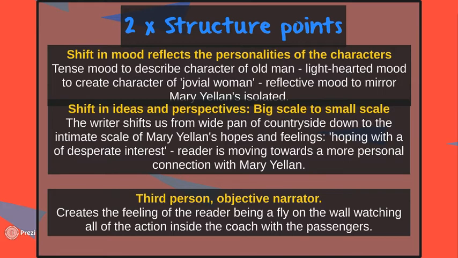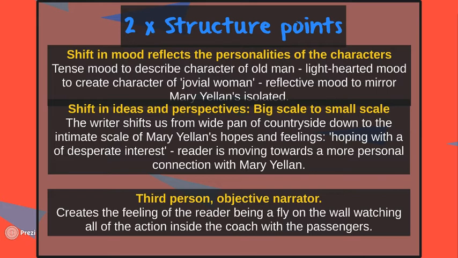Again, in terms of shifting, we also had shifts in ideas and perspectives that you may have spotted. You may remember from question 3 that we were talking about the way that this extract zooms down from a big scale to a smaller scale.